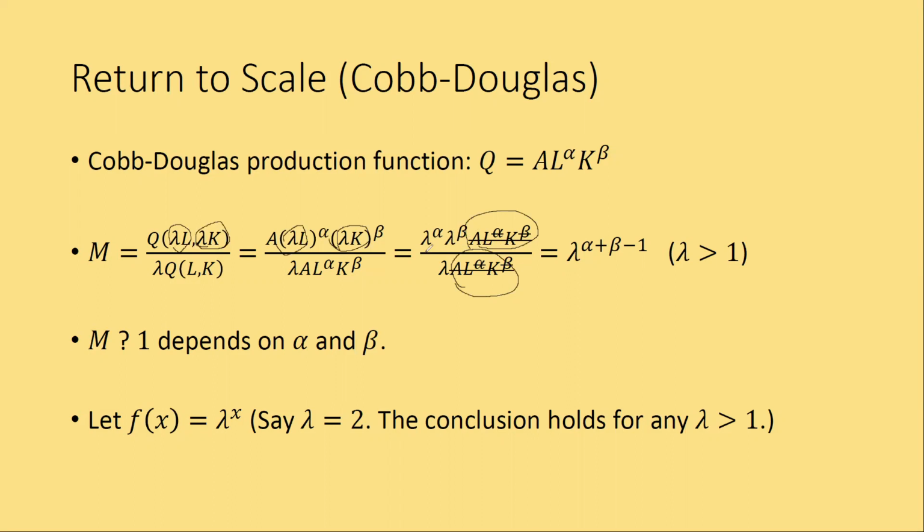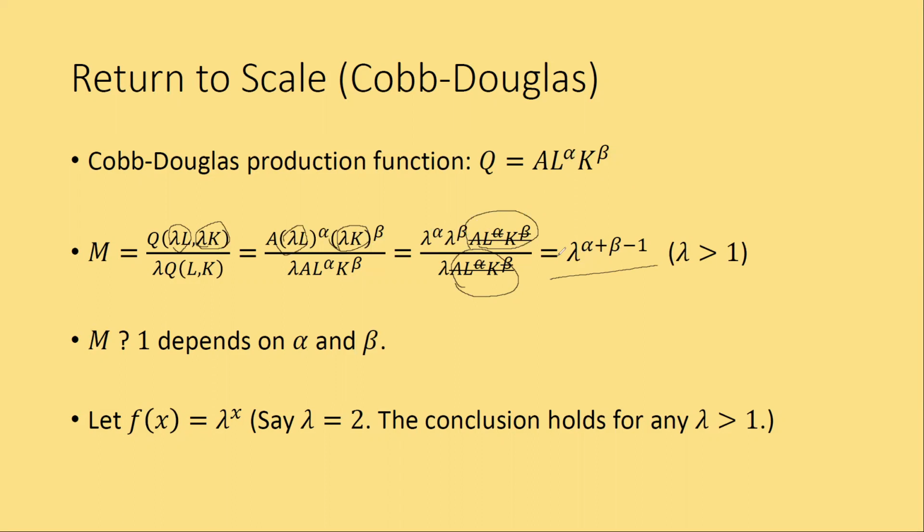What remains is lambda to the power of alpha times lambda to the power of beta divided by lambda. And this is nothing but lambda to the power of alpha plus beta minus 1, all right? So for a general Cobb-Douglas production function, this M ratio equals this expression.